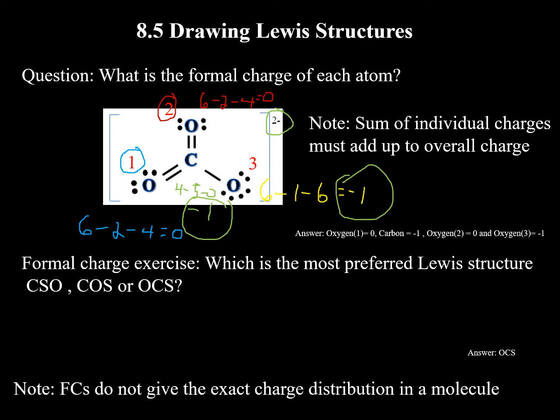One practice trial for you is to determine, using formal charge, the preferred Lewis structure for the following compound. So we'll draw each one. I'll write out the Lewis structure for each case. Total valence electrons is 16.